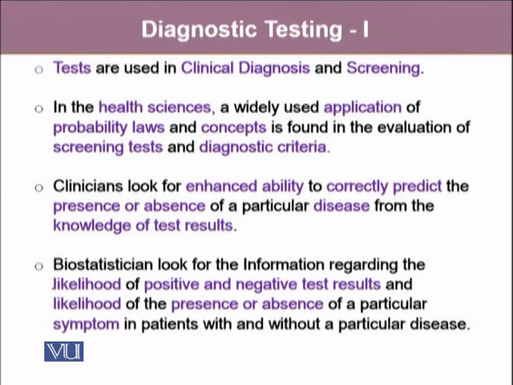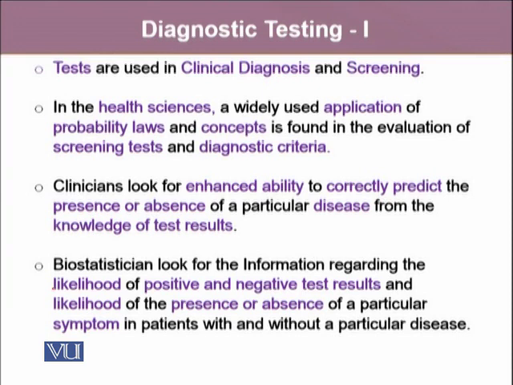So, tests are used in clinical diagnosis and screenings. In the health sciences, they have wide use and application, and they often use probability laws to determine if any diagnostic test is effective or not.